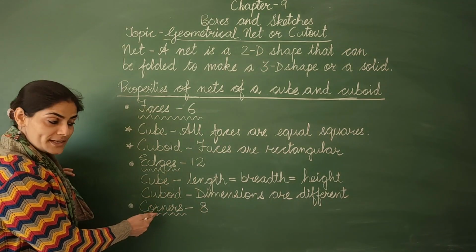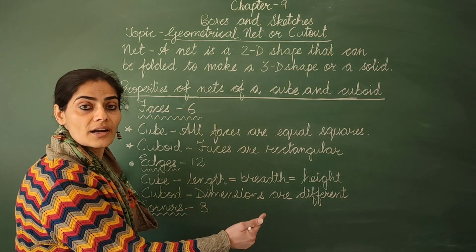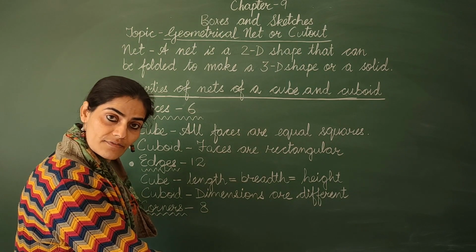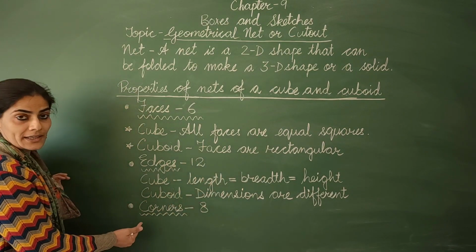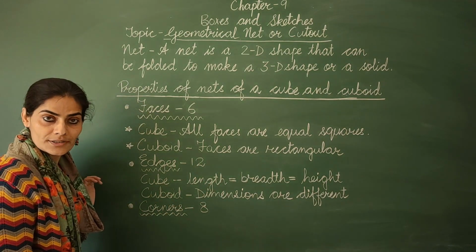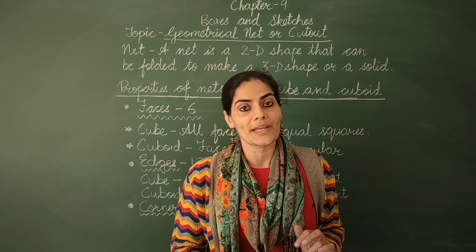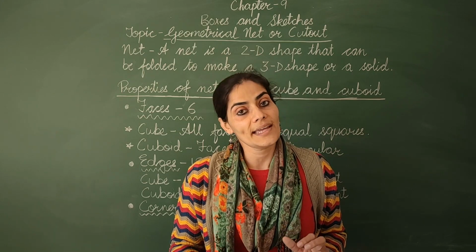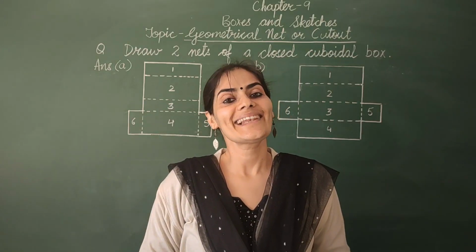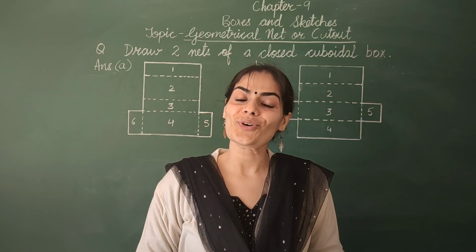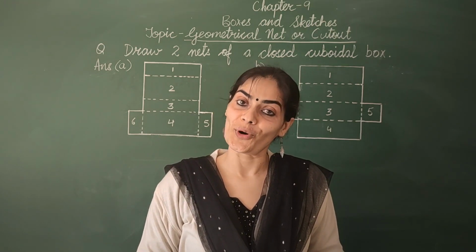Now, in a cuboid, the dimensions are different. Clear, everybody? Now, the third thing is number of corners. The number of corners in a cube and cuboid are same. They are 8.